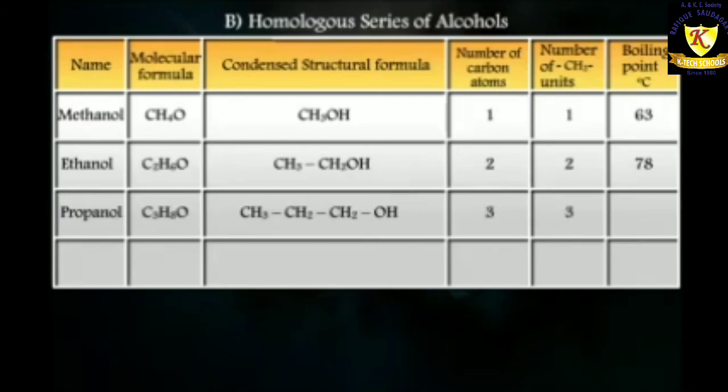Number of CH2 units 3 and the boiling point 97. Butanol, C4H10O, CH3CH2CH2CH2OH. Number of carbon atoms we have 4. CH2 units 4 and boiling point is 118.